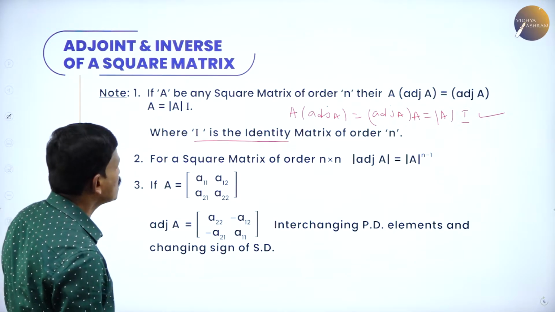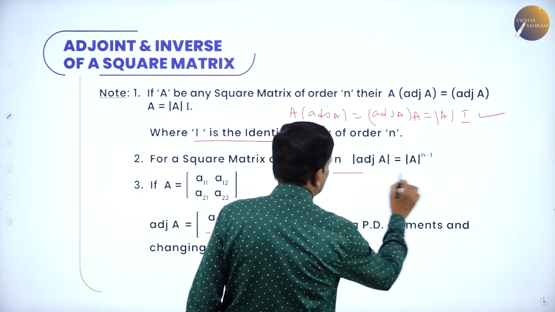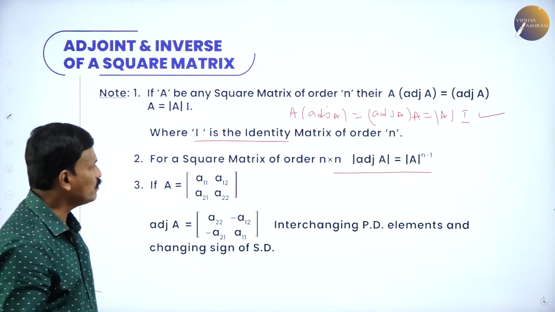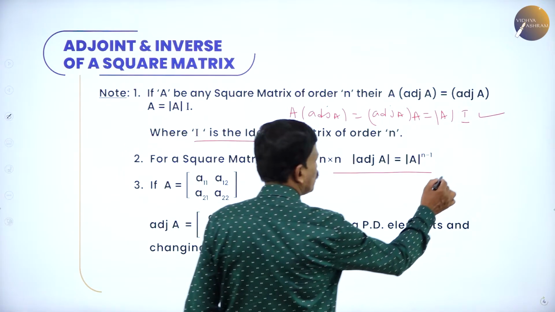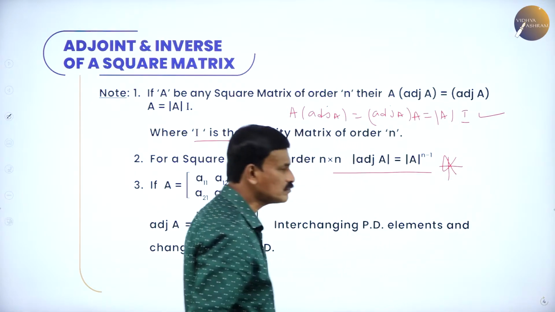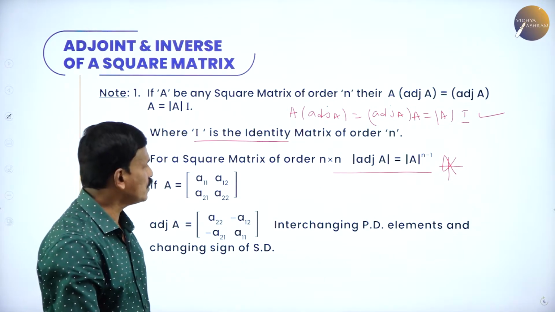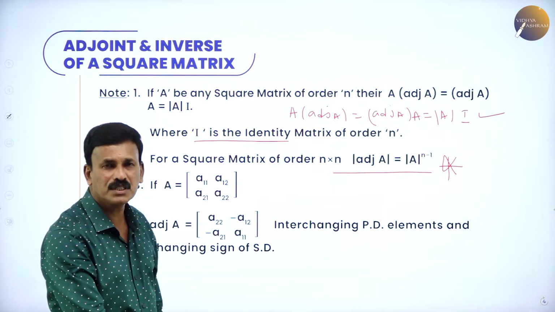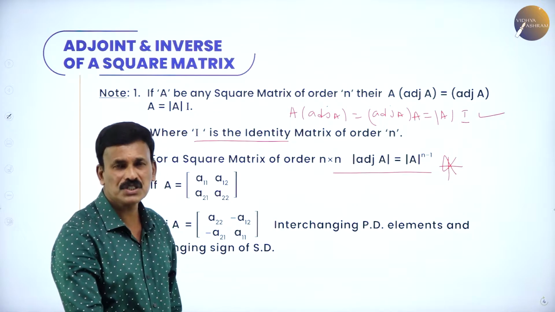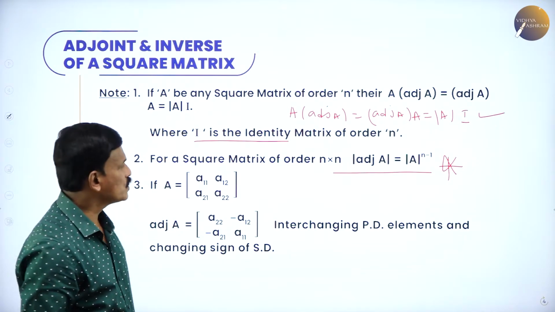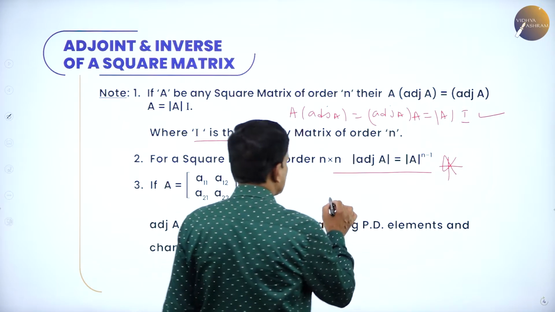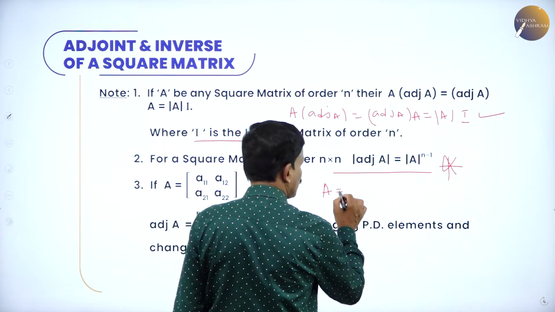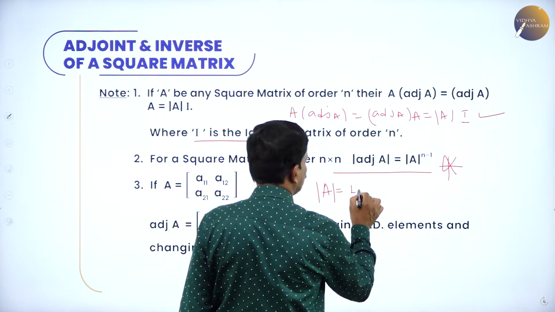Now, for a square matrix of order n into n, determinant of adjoint of A is always equal to determinant of A to the power of n minus 1. This is a very important point. So, for example, let us consider a matrix where the determinant of A is equal to 4.